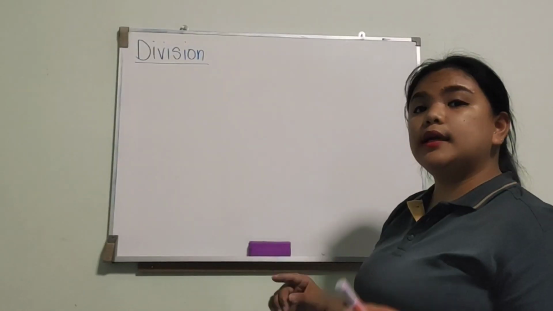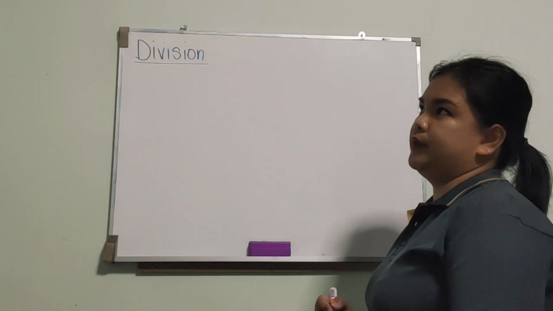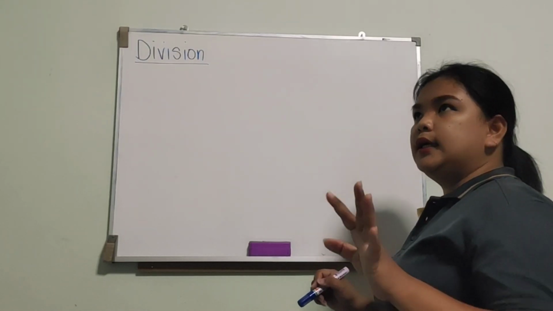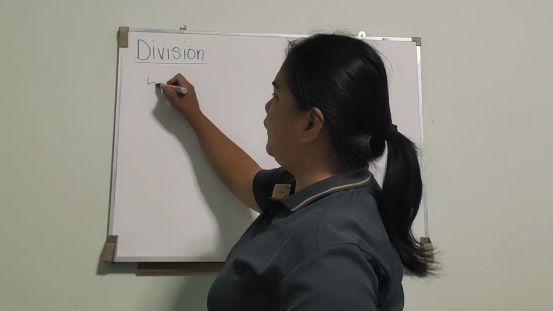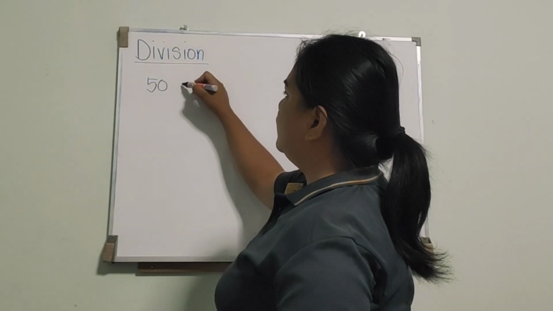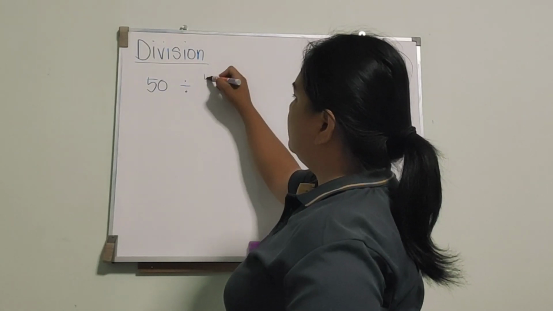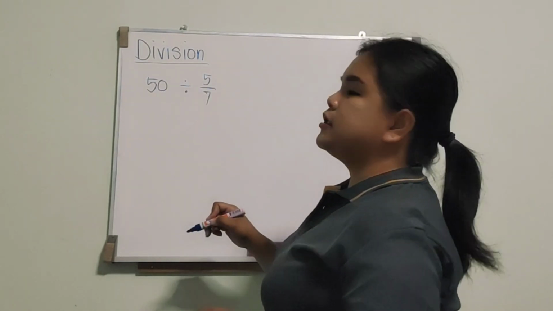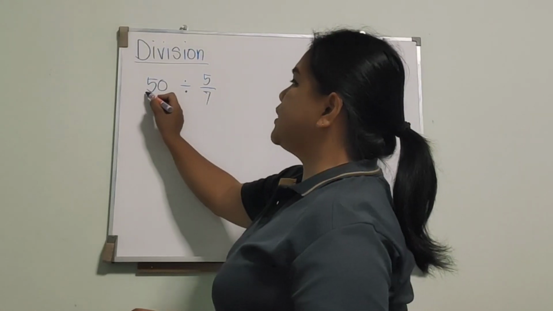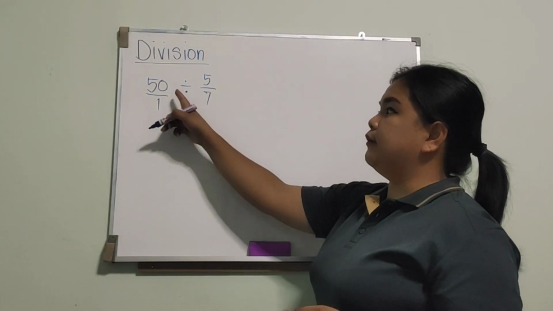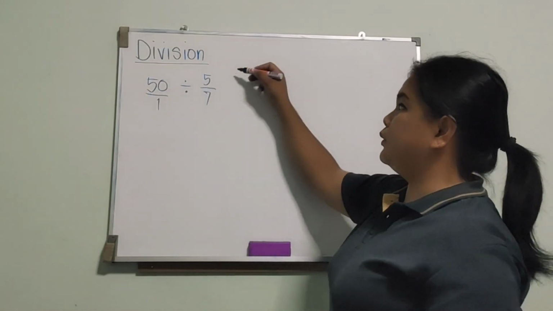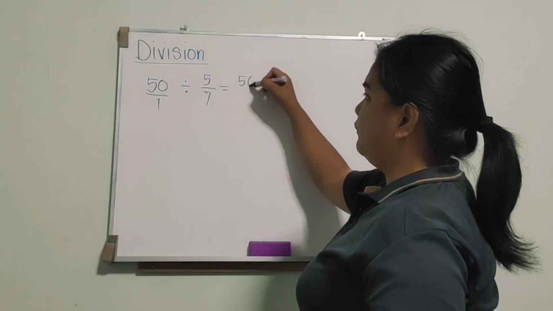Now, what if we have a whole number? With a whole number, there's a different thing. What if the first number is a whole number, 50, divided by 5/7? The same process. Always remember, a whole number always has a denominator of 1. Since the first number is a whole number, you are going to copy it.